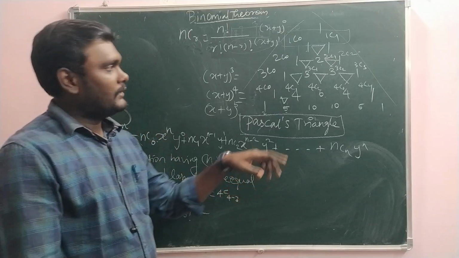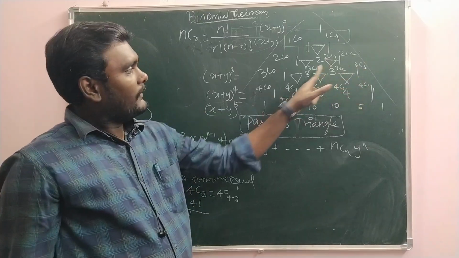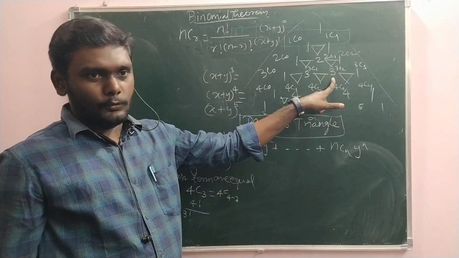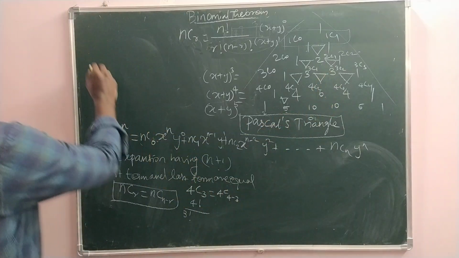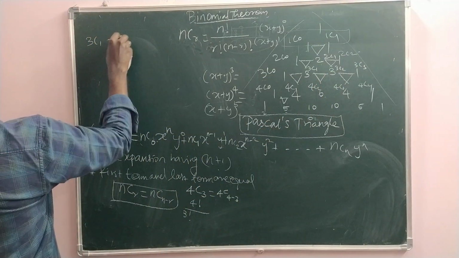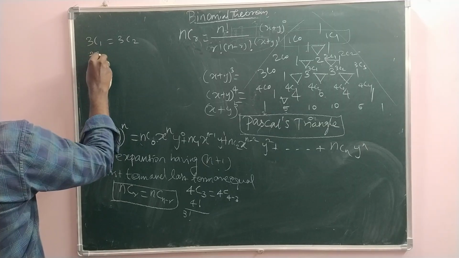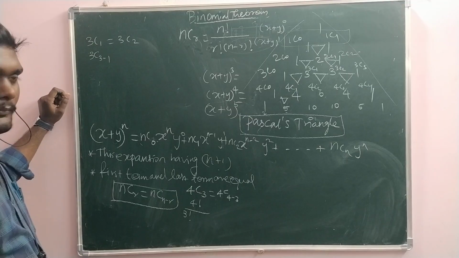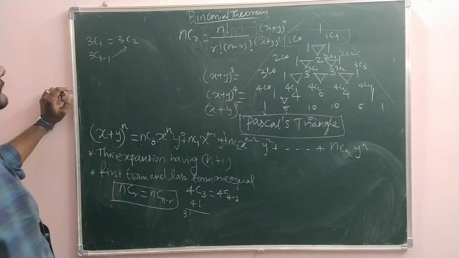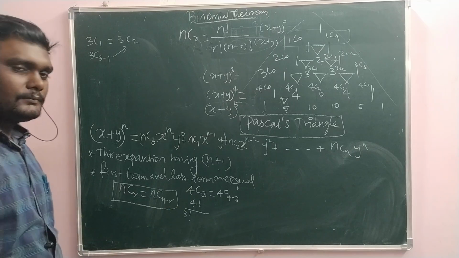By observation, see, 3C0 is equal to 3C3. 3C1 is equal to 3C2. Are they equal or not? So 3C1 is equal to 3C2, this can be written like 3C(3 minus 1). That is what this nCr is equal to nC(n minus r).